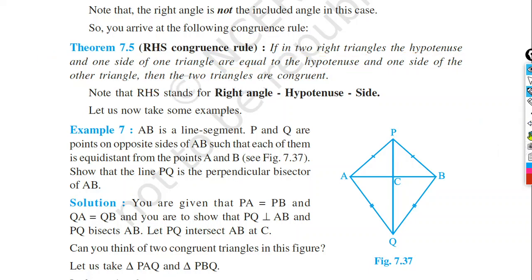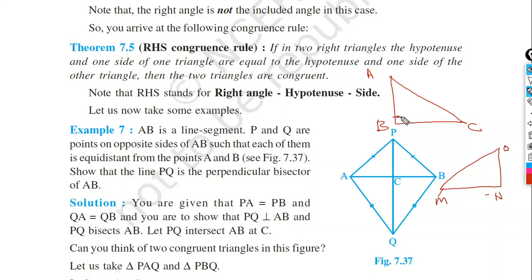That means there are two right angle triangles. We'll name one ABC and another triangle MNO.